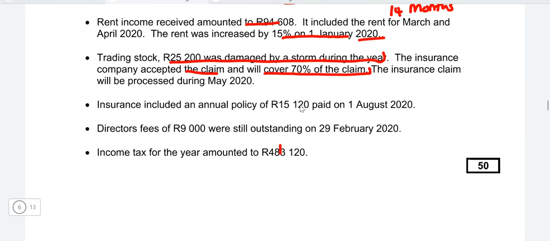So now what's going to happen is that the part they are interested in is the loss on insurance claim, that 30% that we are losing. That's what they want us to show.